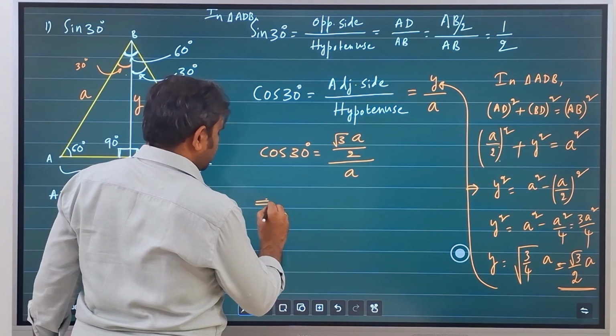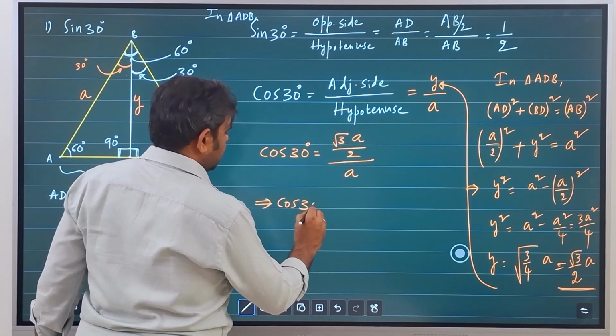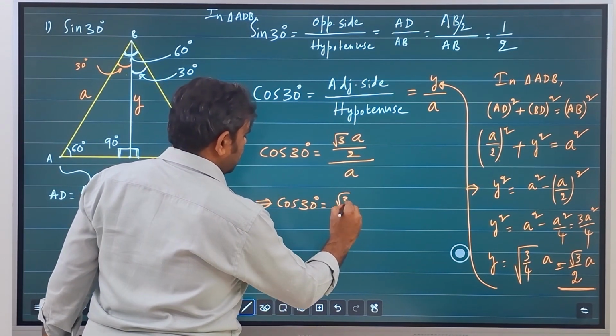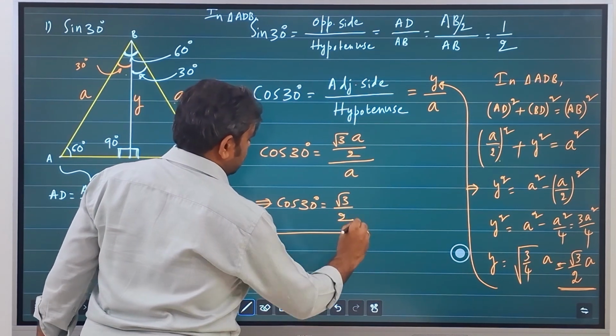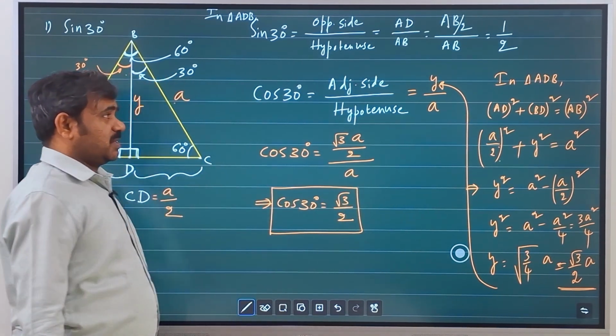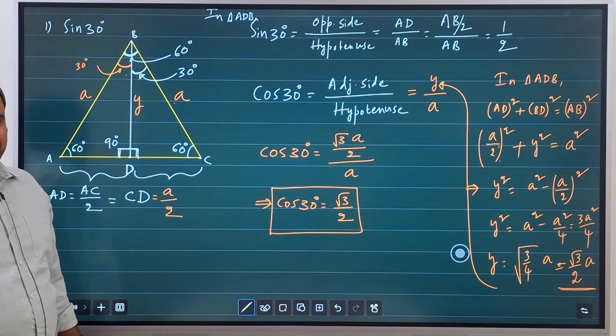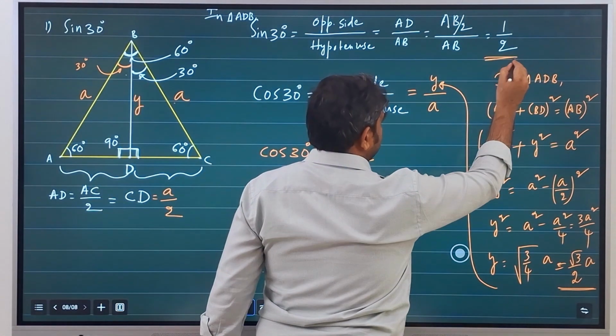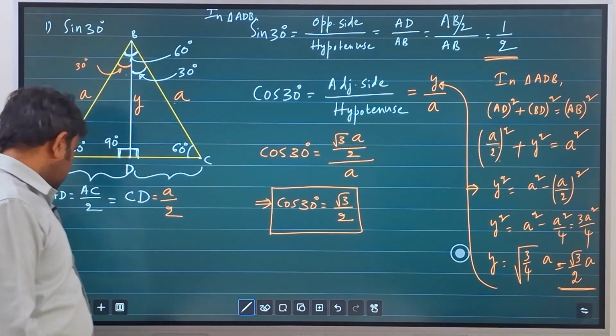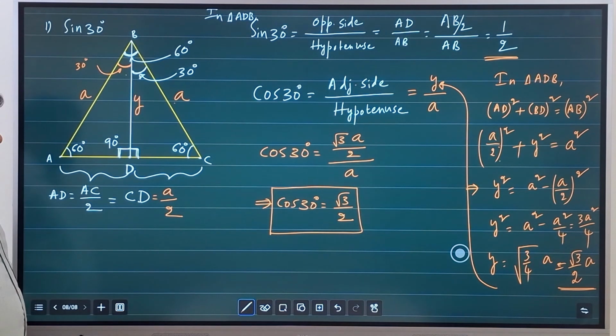So cos 30 degrees is equal to root 3 divided by 2. And here we got sin 30 degrees is equal to 1 by 2.